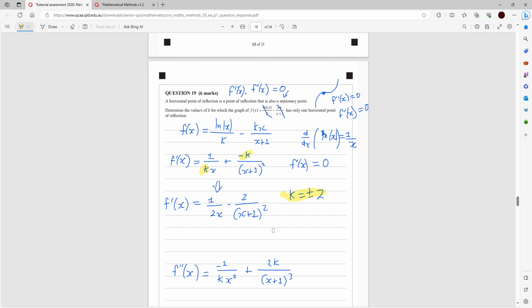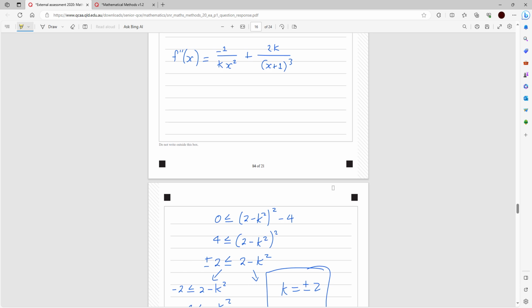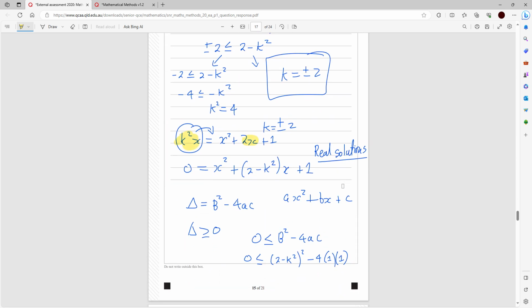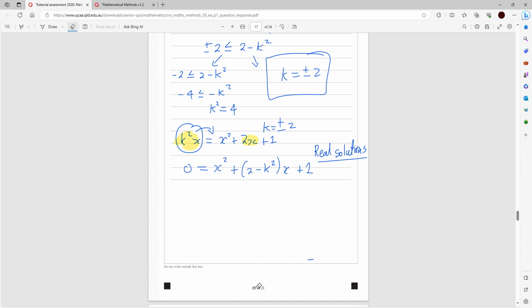Okay. Now we need to know where the horizontal point of inflection is. So if we go back to our quadratic, we can work that out, because we can substitute in k is equal to plus or minus 2. Now, it doesn't matter in this equation whether it's positive or negative, because it's getting squared. So this here will tell us the x values for the horizontal point of inflection, but k is plus or minus 2.